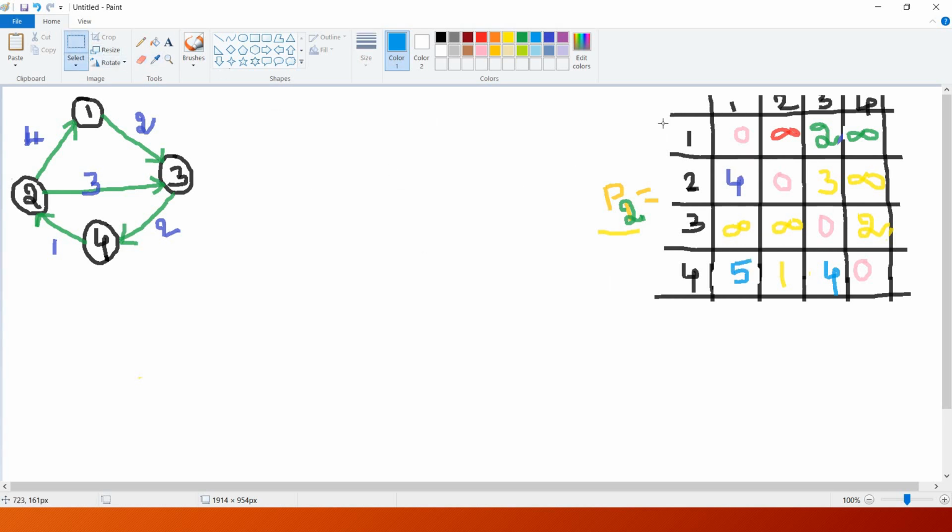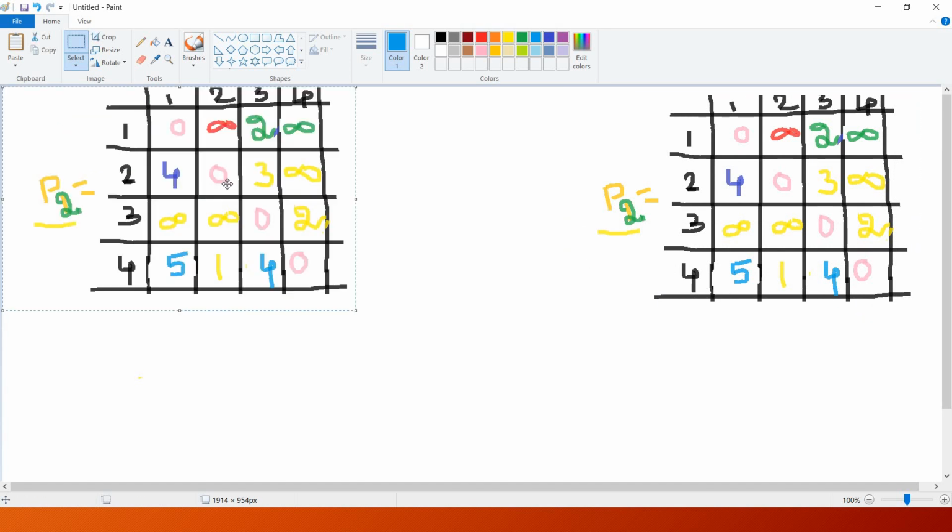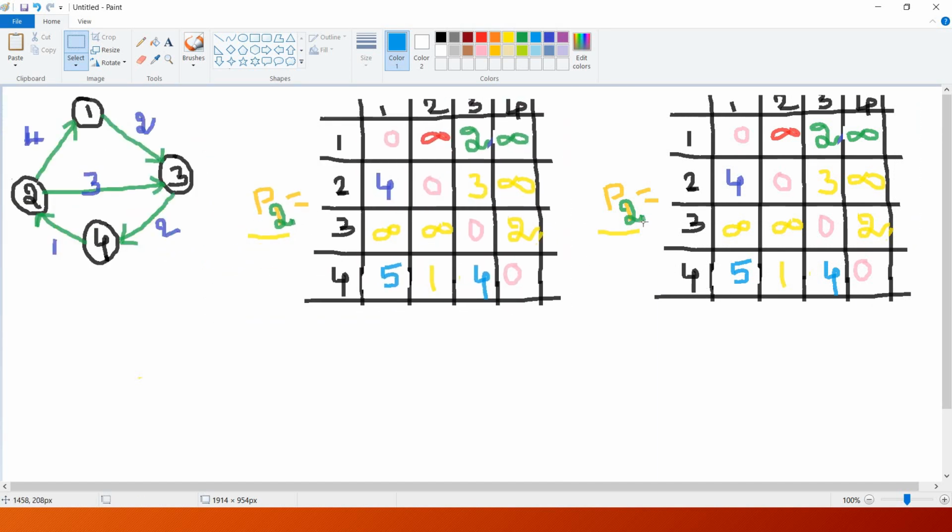So now we have P2 over here. What I have to do is make this P2 into P3. So how can I make it? P3 means we are moving towards vertex 3. So make third row, third column the same, and the remaining will get updated.